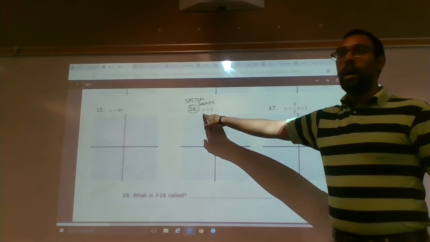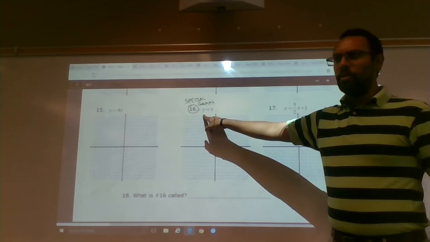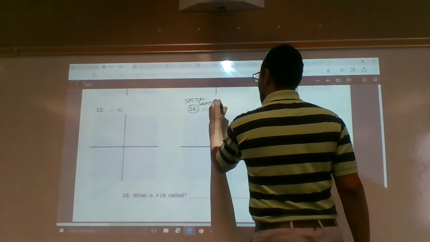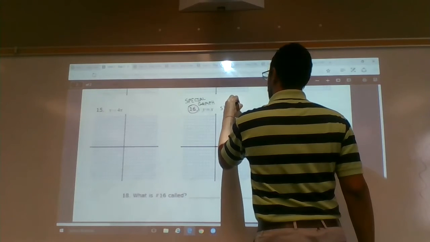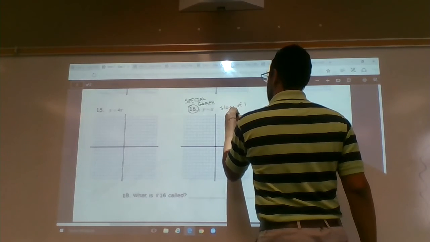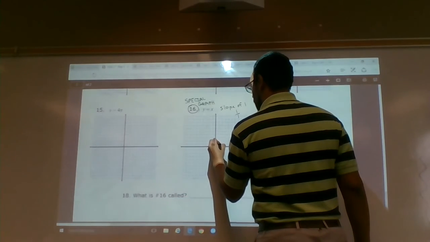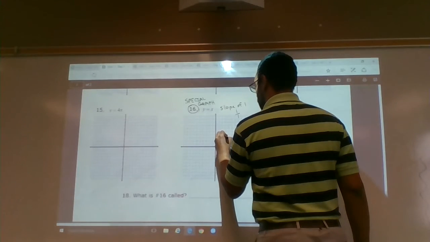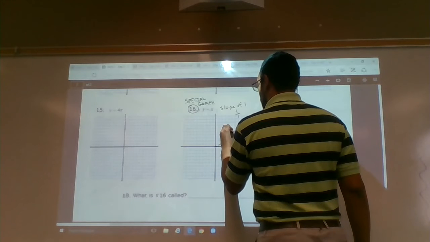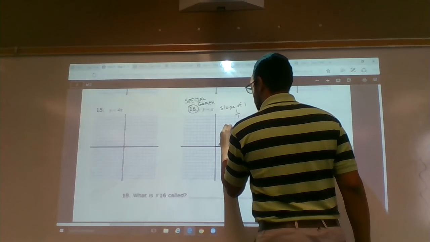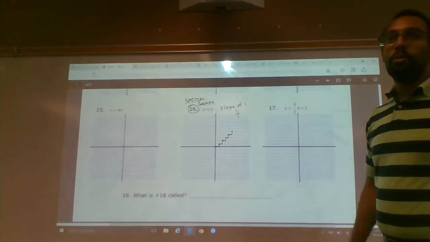If x is 1,000,000, what's y? 1,000,000. So this has a slope of 1, and so the rise is 1 and the run is 1. So I go right 1, up 1, right 1, up 1, right 1, up 1. So all these points here are all from y equals x.